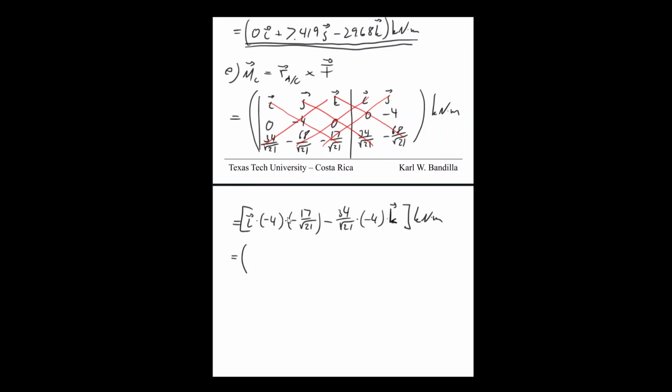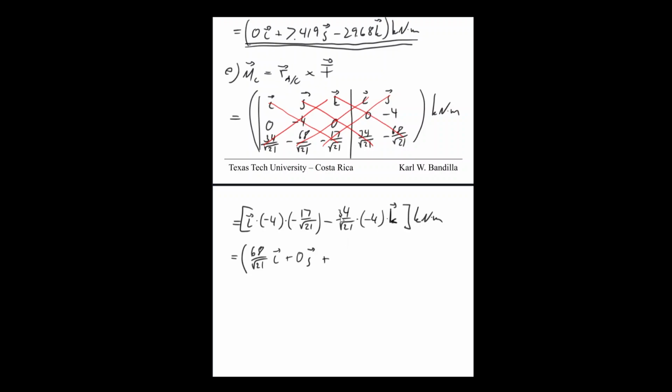We will get minus and minus is plus. 4 times 17 is 68, so 68 over square root of 21 times I, and we said we don't have a J, so 0J, and then minus times minus is plus.